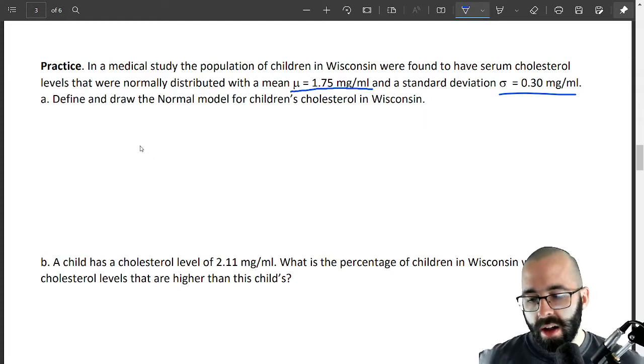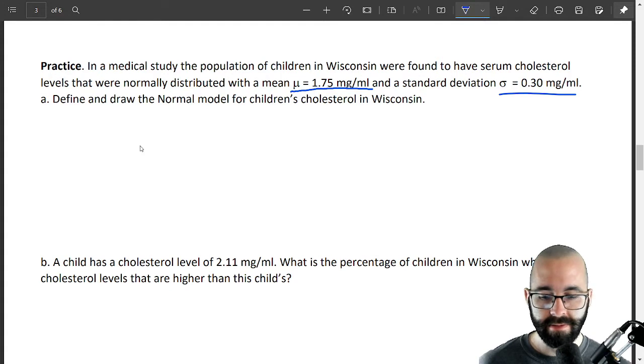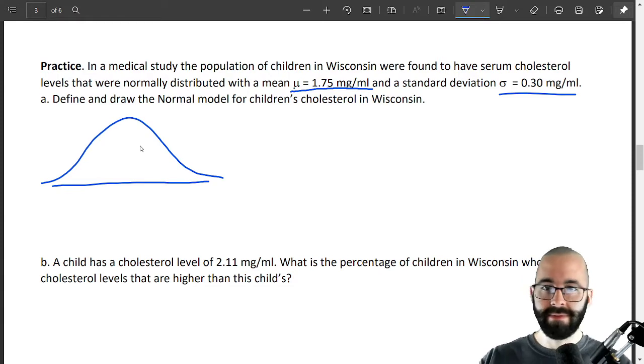Define and draw the normal model for children's cholesterol in Wisconsin. So draw, that's the easy part. Well, we're going to have to label it, but remember that all normal distributions look the same. You draw one, you've seen them all.